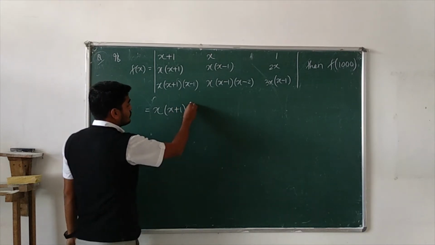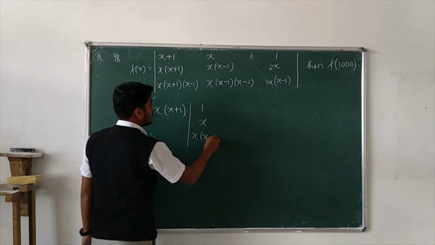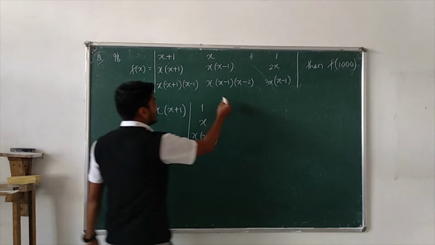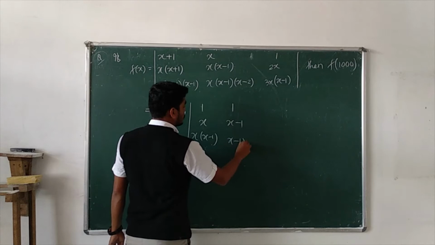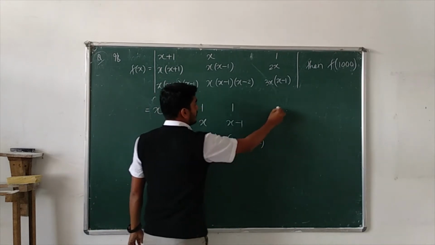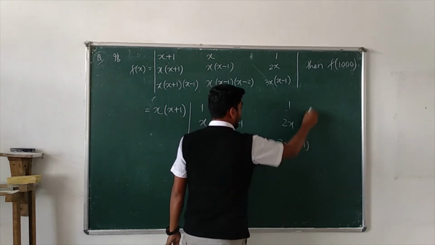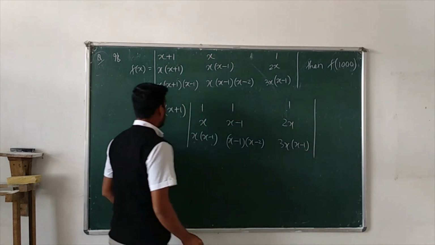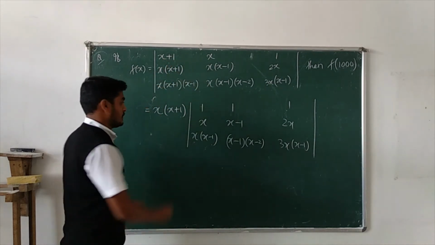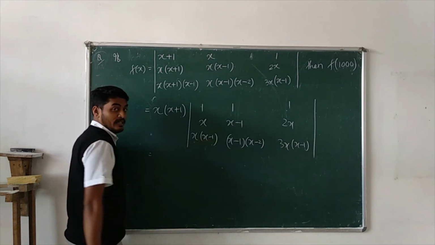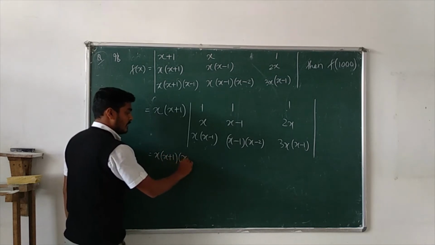So x plus 1, so it will be 1, x into x minus 1, and here x is common, so 1, x minus 1, x minus 1 into x minus 2, and here it will be 1, twice x into x minus 1. That means we have to take common x from the second column and x plus 1 from the first column. Again, if you observe carefully, from the third row x minus 1 is common. So x into x plus 1 into x minus 1.